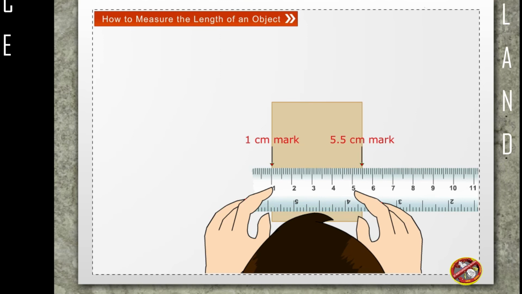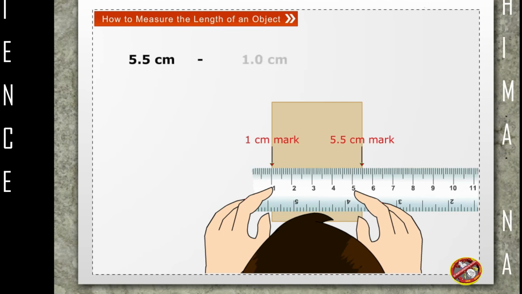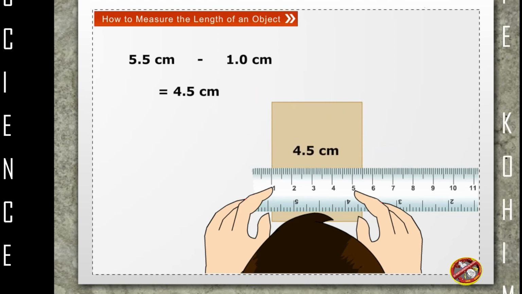We subtract the reading of this mark, 1 centimeter, from the reading of the other end. For example, in the figure given, the reading at one end is 1.0 centimeter and at the other end 5.5 centimeter. Therefore, the length of the object is 5.5 centimeter minus 1.0 centimeter, which is 4.5 centimeter.